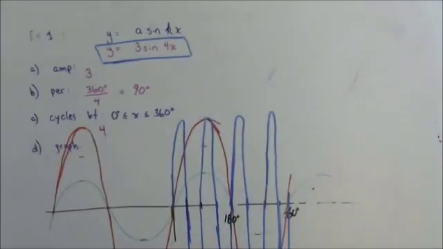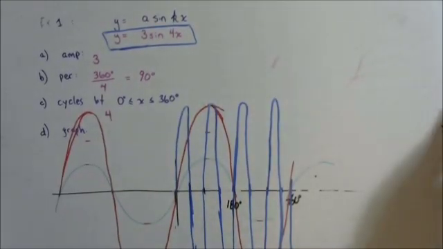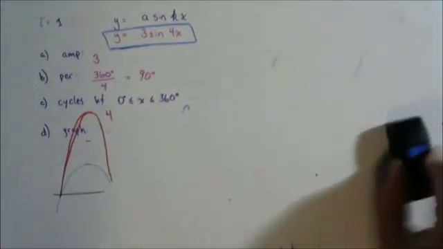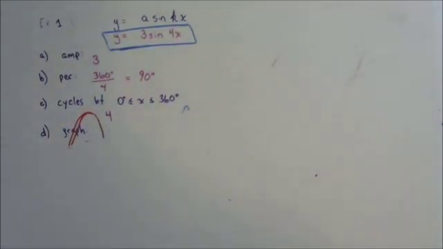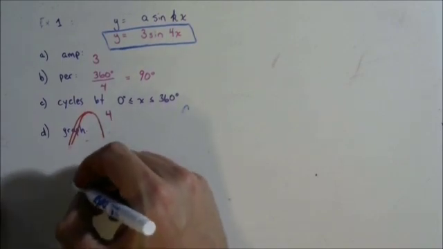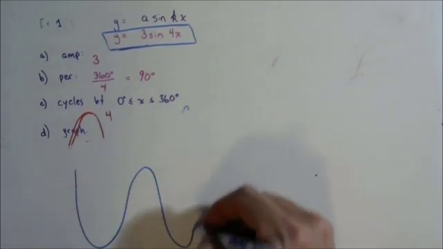Now, here's a cheeky little secret that you can use whenever you're sketching these. If it tells you to transform the function from the base function, then go ahead and do it that way, the way that I just did it. But if it doesn't, then just go ahead and draw your best sine wave.